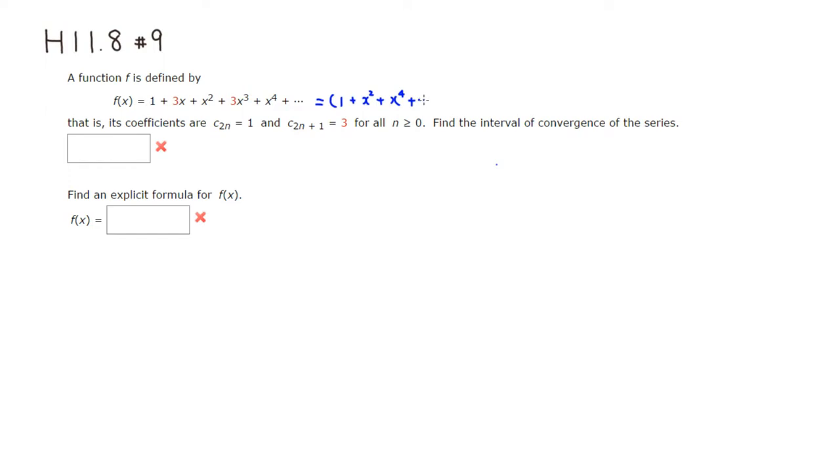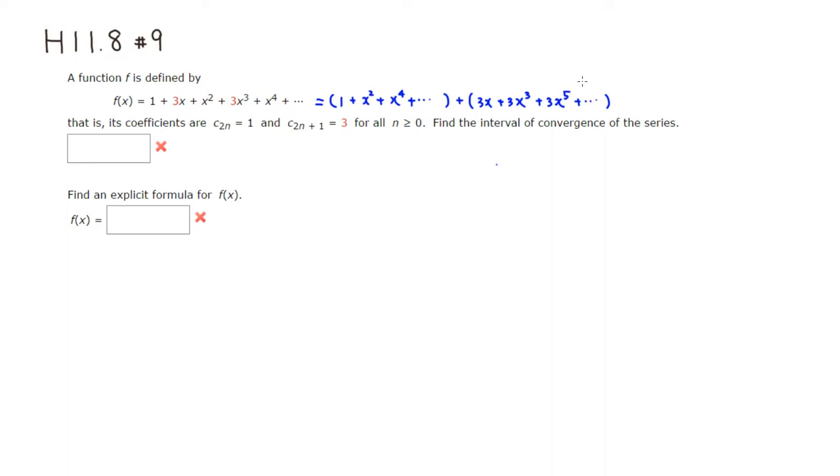This is basically a geometric series. Then the odd power terms: 3x, then 3x cubed, then 3x to the 5th power, and so on. And this is another geometric series.